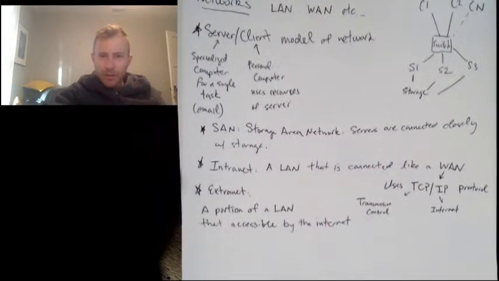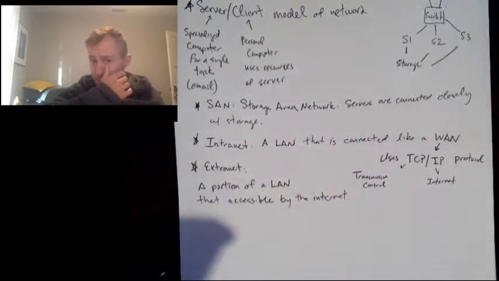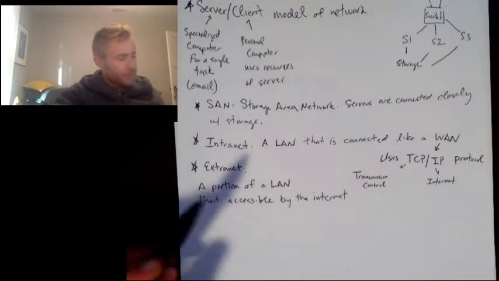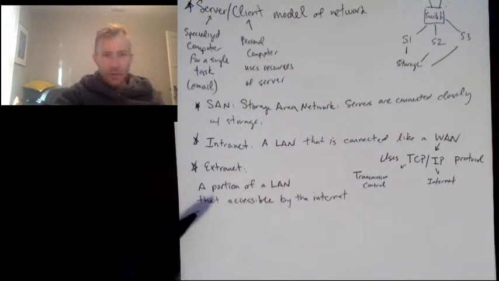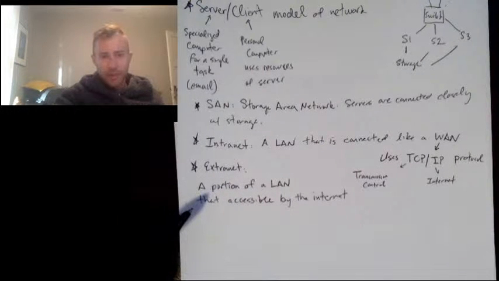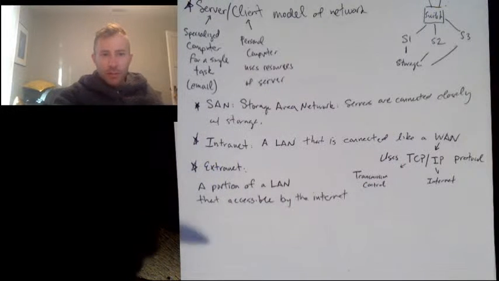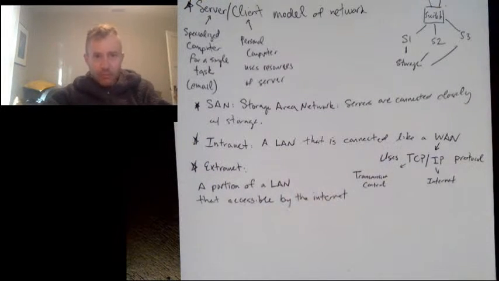An example I'm thinking of is Amazon. Amazon has their own network. When you go to the Amazon website, you can look at all the things that Amazon has for sale.